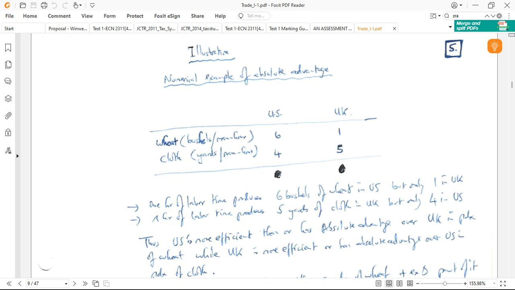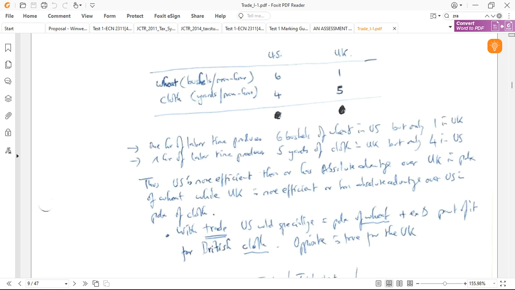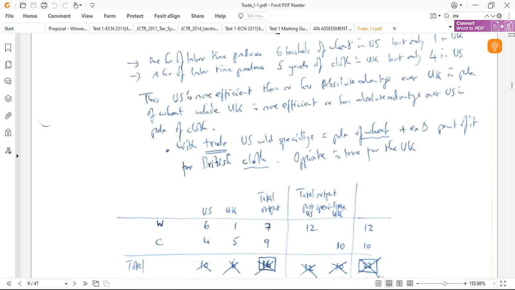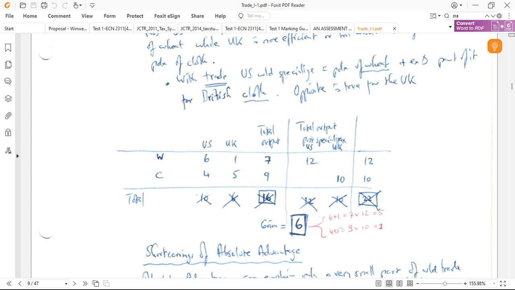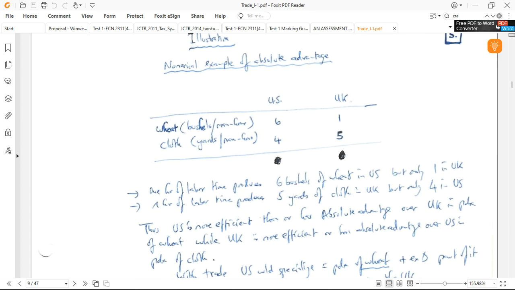The US can take only 1 hour to produce the 6, and that's why even when choosing your research partners, I'm sure you guys are using this concept. Because if both of you have an absolute disadvantage, then you can't trade. You cannot trade.